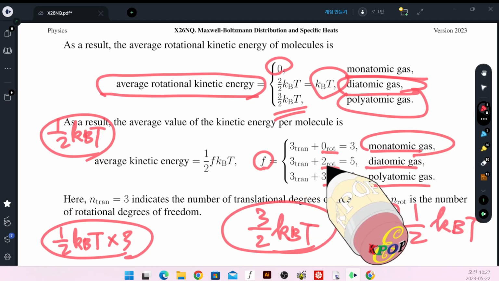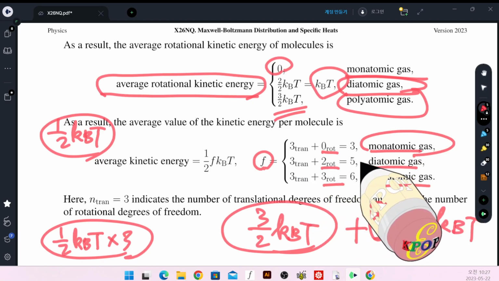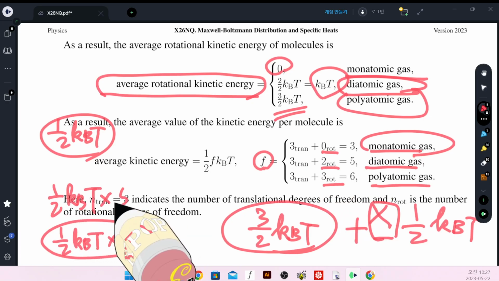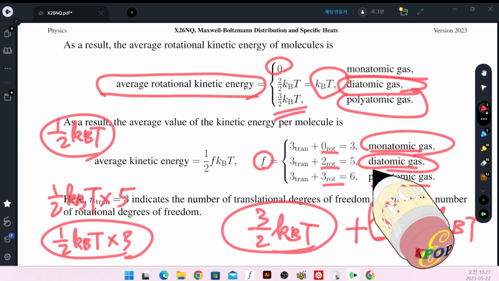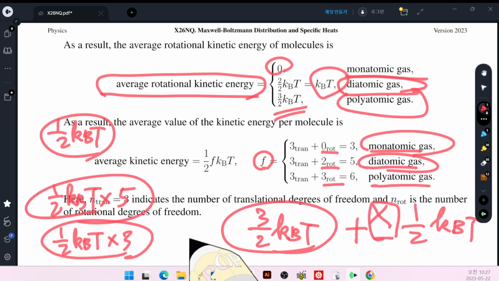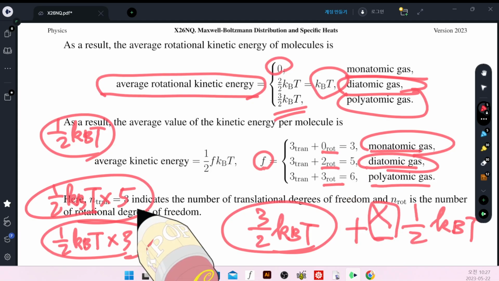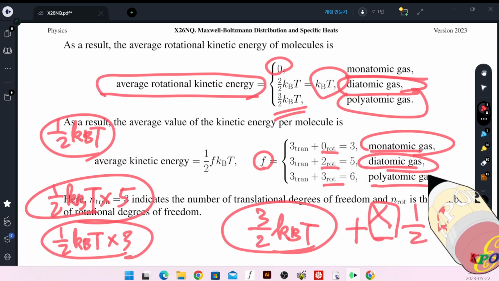For diatomic, 3 plus 2 is 5, so 1/2 kBT times 5 is the total kinetic energy, including translational and rotational kinetic energy, of a diatomic gas molecule.